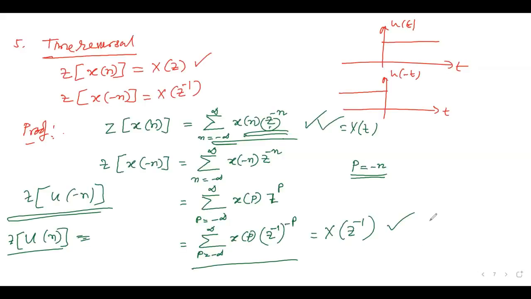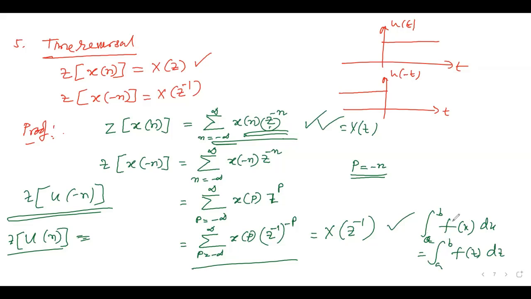Now the initial value theorem. We know that the integration from a to b of f(x) dx is equal to the integration from a to b of f(z) dz. We learned this in school.